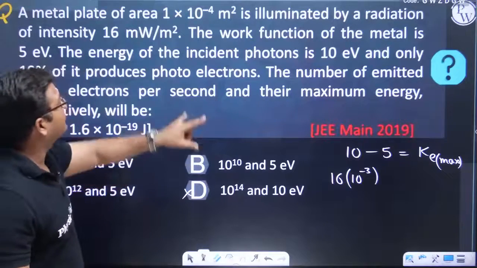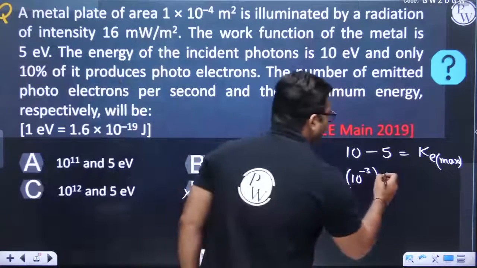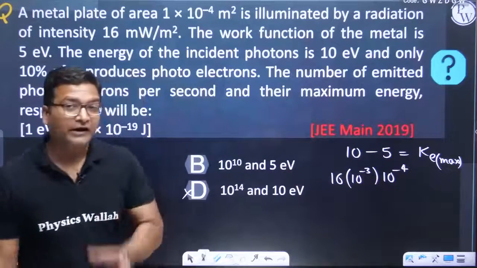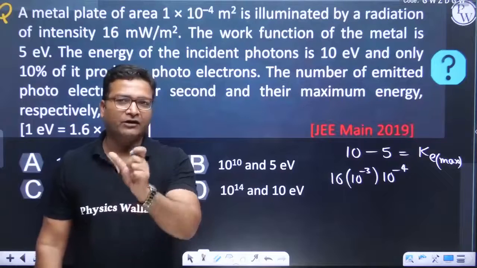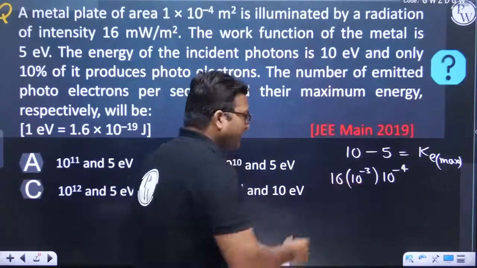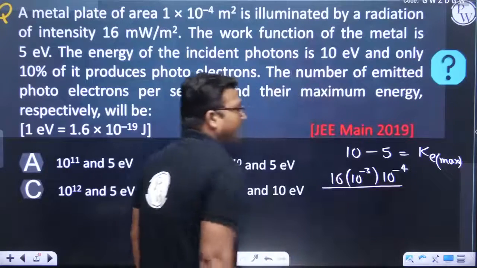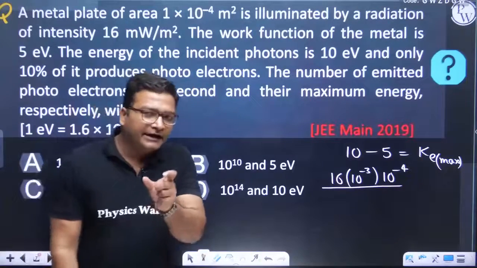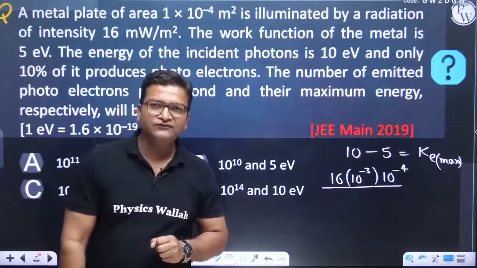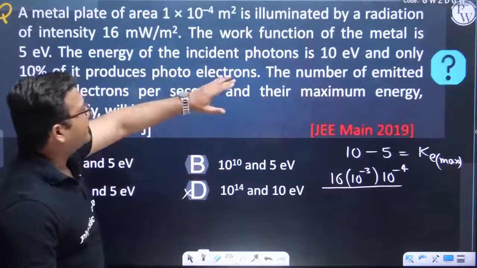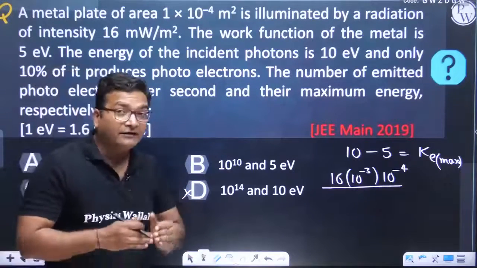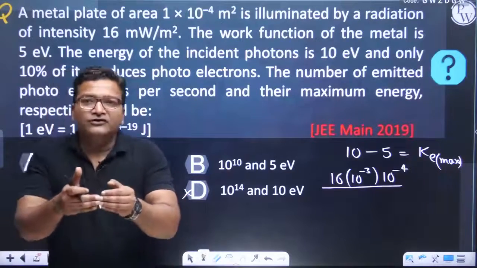If we multiply this by area, which is 10 to the power minus 4, this is the exact power or energy falling per second on that surface. If we divide this by the energy of each photon, which is 10 electron volt, we will get the number of photons falling per second.